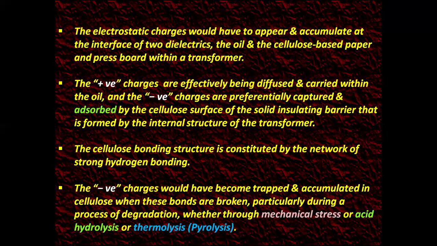The cellulose bonding structure is constituted by a network of strong hydrogen bonding. The negative charges become trapped and accumulated in cellulose when these bonds are broken, particularly during a process of degradation, whether through mechanical stress, acid hydrolysis, or thermolysis, that is pyrolysis.